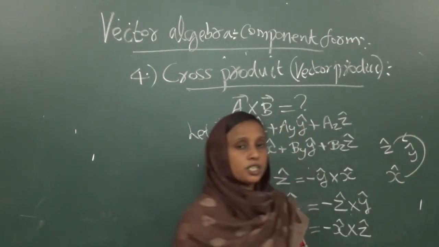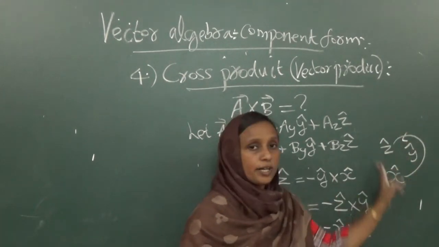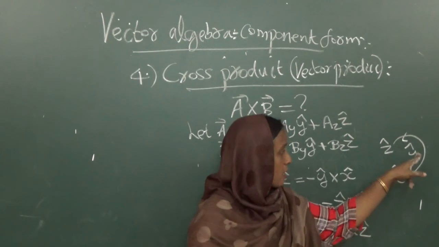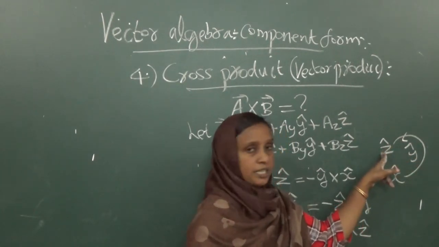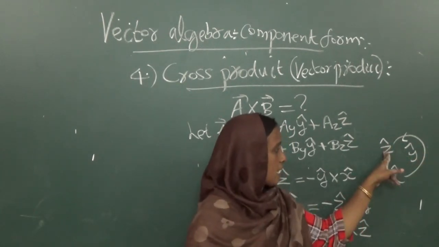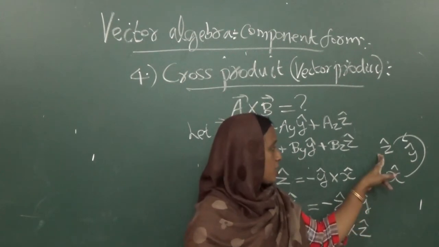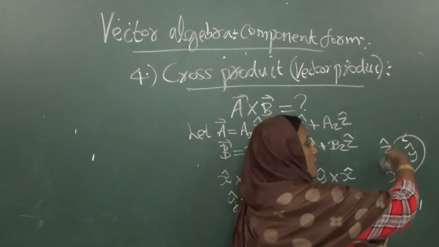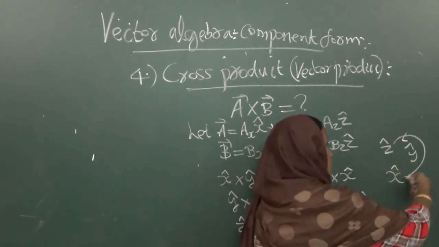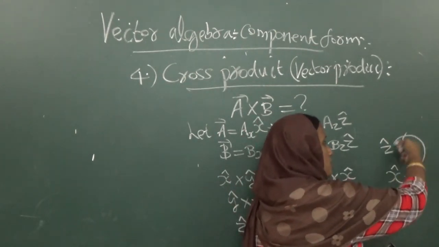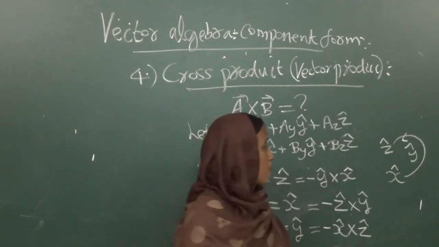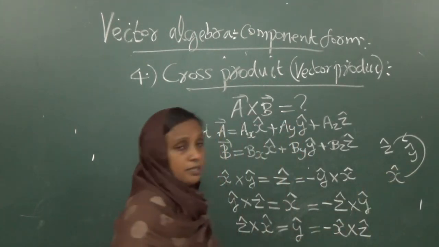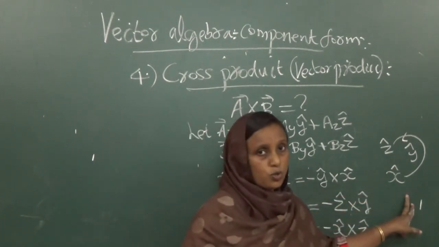If this rotation is counterclockwise, you will get a positive sign always, because x cap cross y cap gives z cap, y cap cross z cap gives x cap, z cap cross x cap gives y cap. If you rotate in the counterclockwise direction, you will get a positive sign always. That trick you can implement here. This is for a right-handed coordinate system.